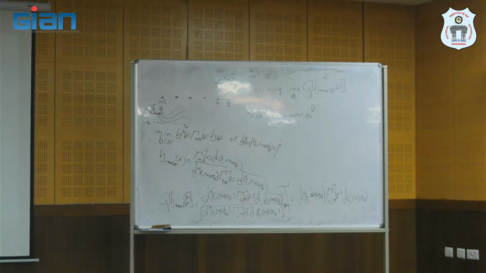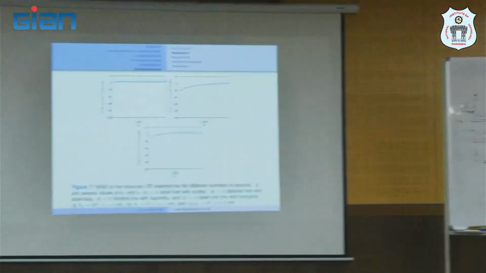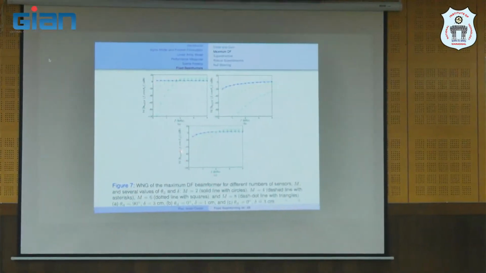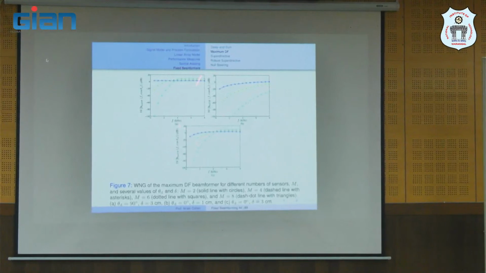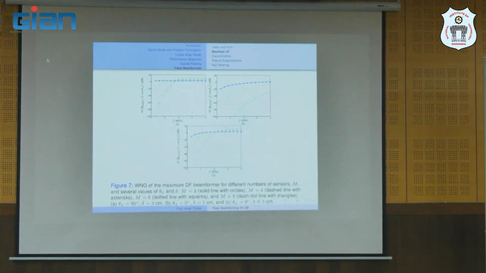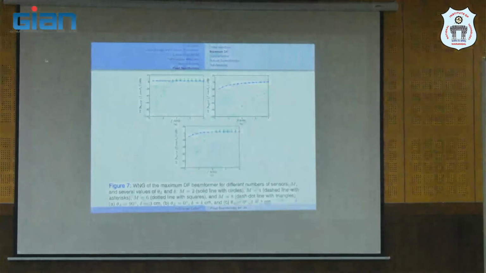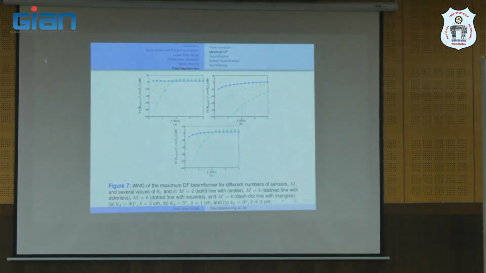So this is the white noise gain that we obtained with the maximum directivity beamformer. We see that for this example, the white noise gain is very, very low. It means that we designed the beamformer to maximize the array gain in a diffuse noise environment, but then because of thermal noise, it will not perform well.